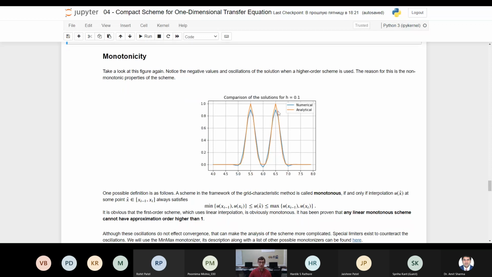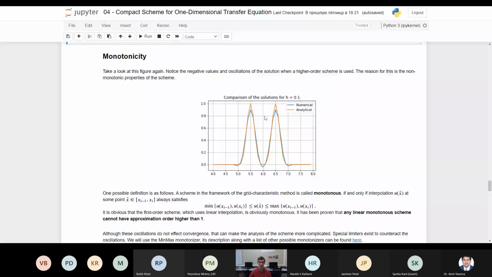In this picture, you can see again the result of the comparison between the analytical solution in orange color and the numerical solution in blue color.